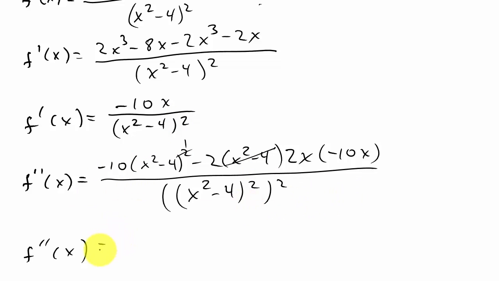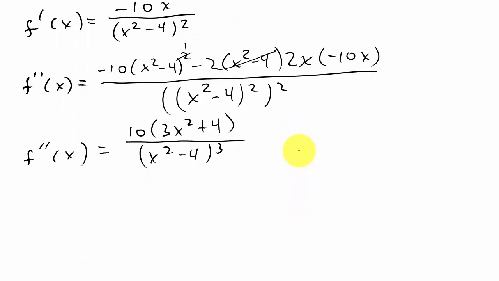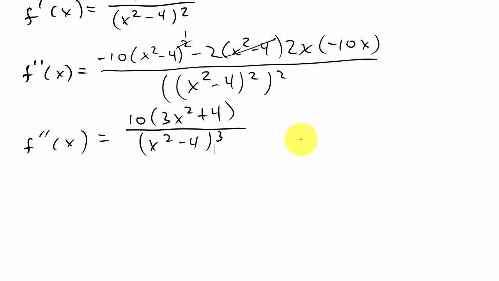After we do that, we would end up with 10 times 3x squared plus 4 over x squared minus 4 cubed. Alright, so there's the second derivative.